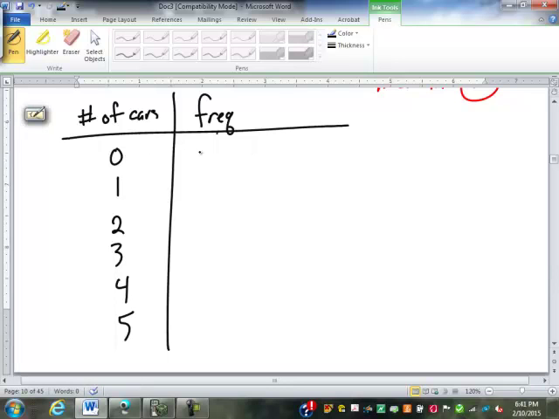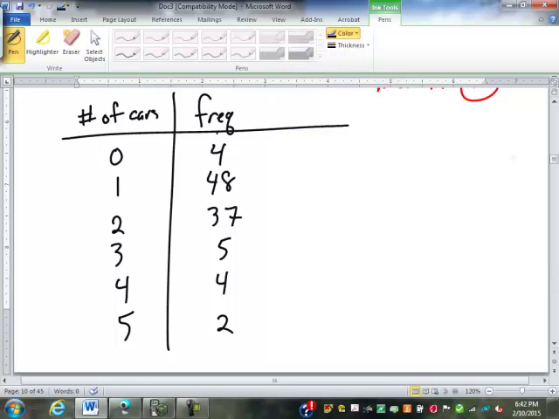So let's say we had 4 households that had no car, 48 households that had 1 car, 37 that had 2 cars, 5 that had 3 cars, 4 that had 4, and 2 that had 5. So there's our numbers.